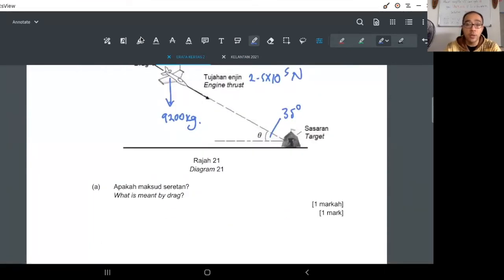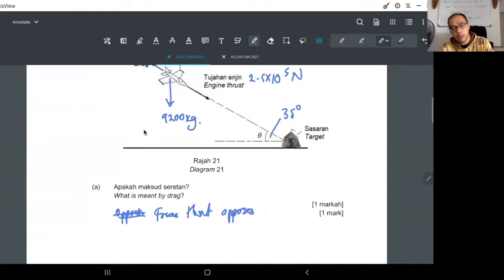Okay, so first of all, what is meant by drag? Apakah yang dimaksudkan dengan seretan? It is a force that opposes the motion of an object. Satu daya yang menentang arah gerakan objek.